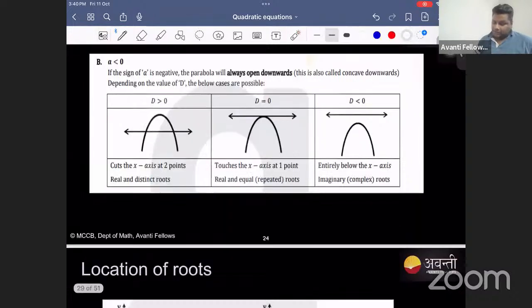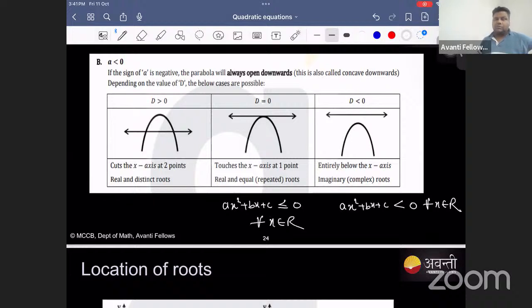So in this case, what do we say? That ax square plus bx plus c is less than 0 for every x belongs to R. And here we say ax square plus bx plus c is less than or equal to 0 for every x belongs to R. Got it?